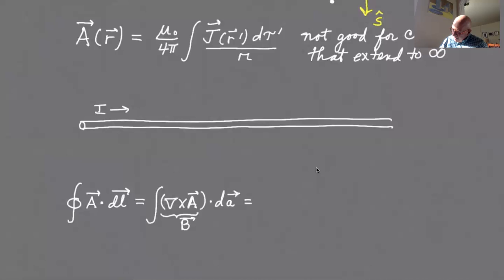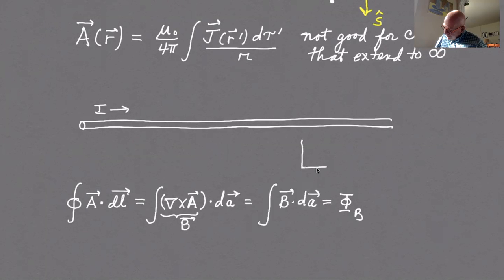And so then this is going to be B dot dA, and we know that this is a magnetic flux. So we're going to use all those pieces. We need a loop here. So here's going to be our closed loop.